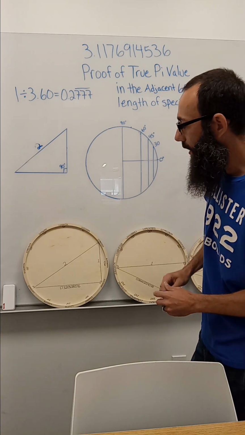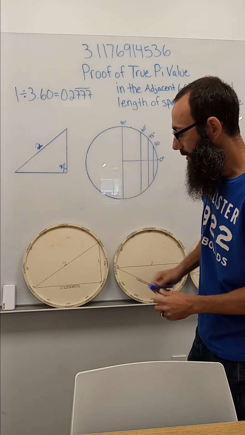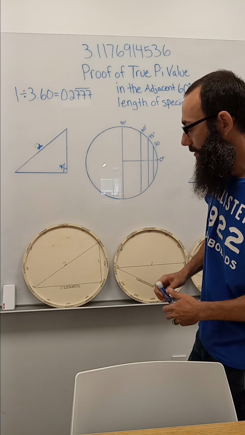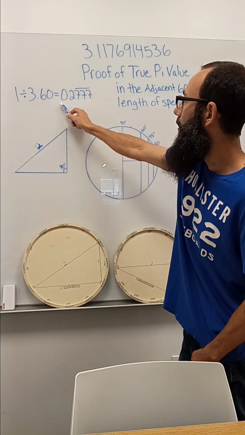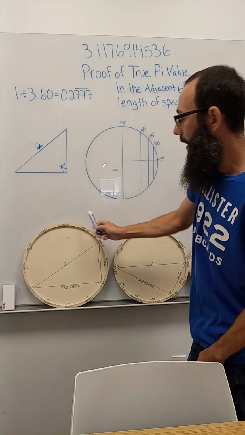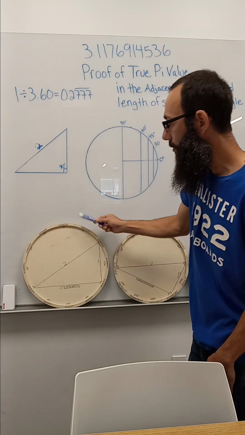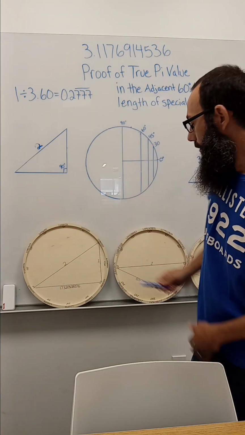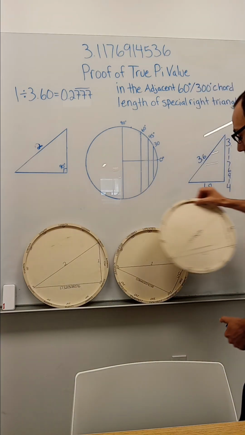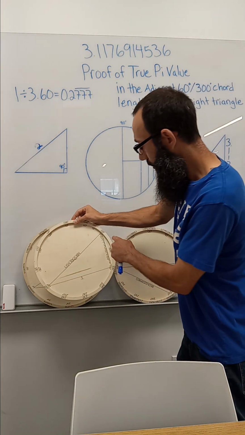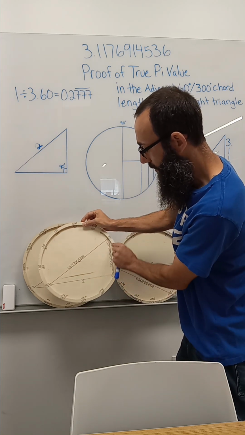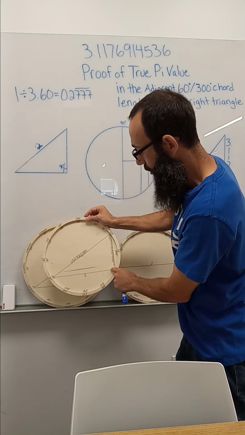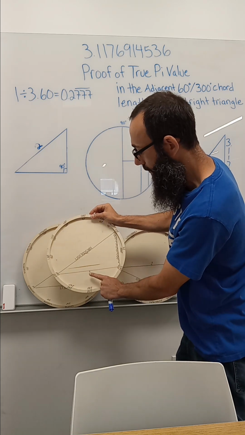So if you take 1 divided by 360, you'll see that there is 0.2 repeating 7 units in each one. And we know there's 360 degrees in a circle. The reason is because whenever there were 3.6 inches of circumference, this measurement right here was 1.